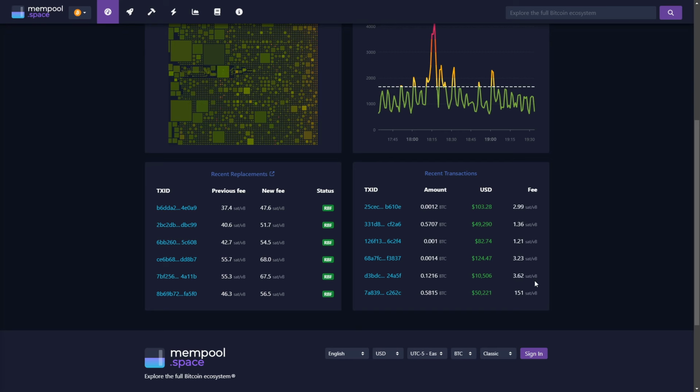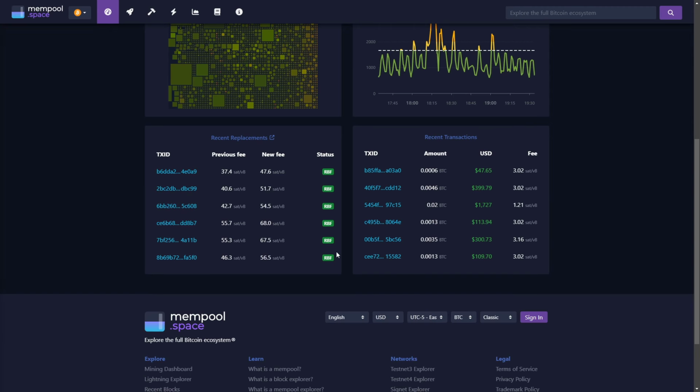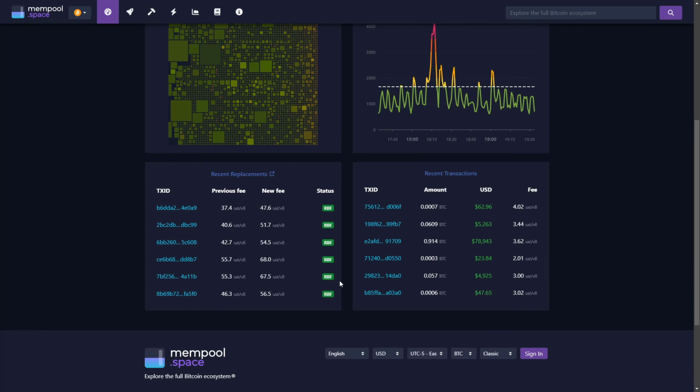And these are the fees that they're paying over here. And then over here is what we call replacements. So let's say that you have a transaction that you made a few days ago, and it's still not confirmed for whatever reason, probably because you put a fee that's really low.